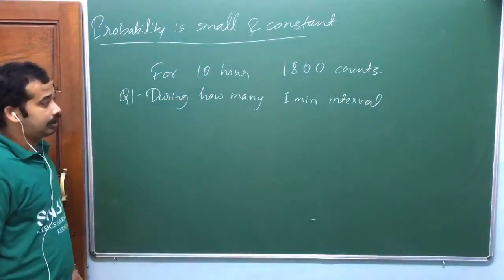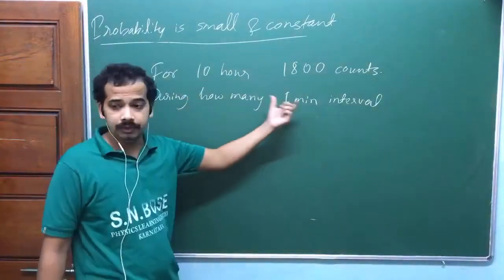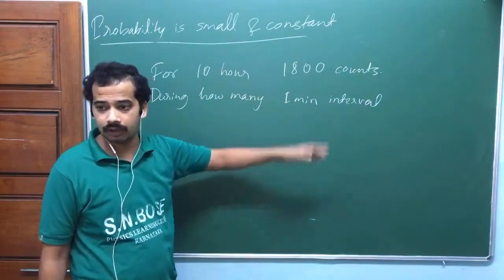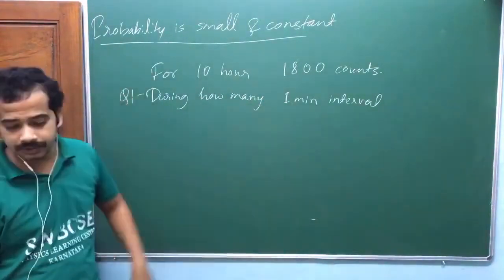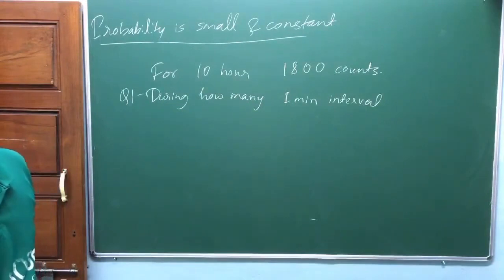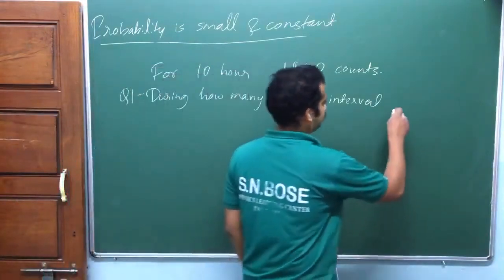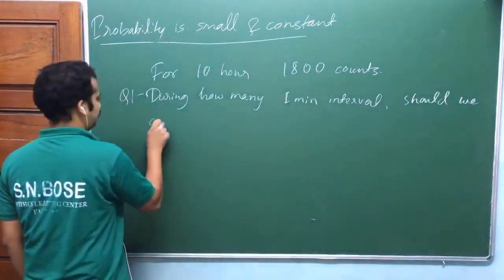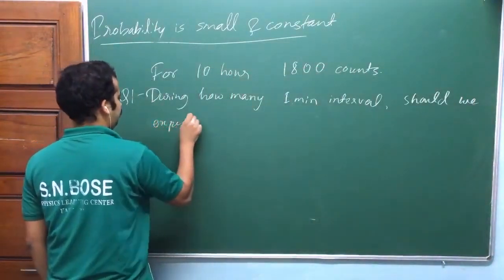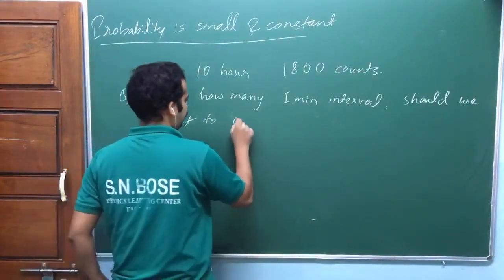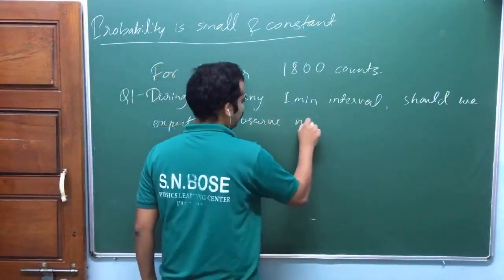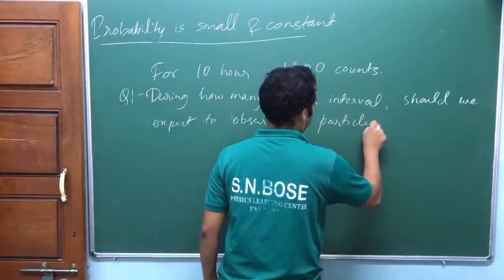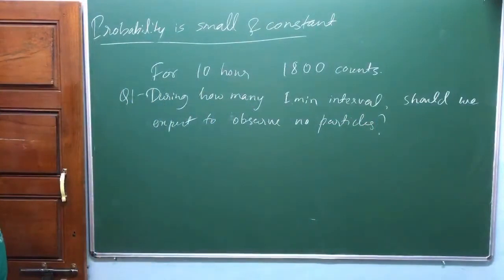The question is, you have divided this 10 hours into 1 minute intervals in the experiment while recording. So now, during how many 1 minute intervals should we expect to observe no particles?